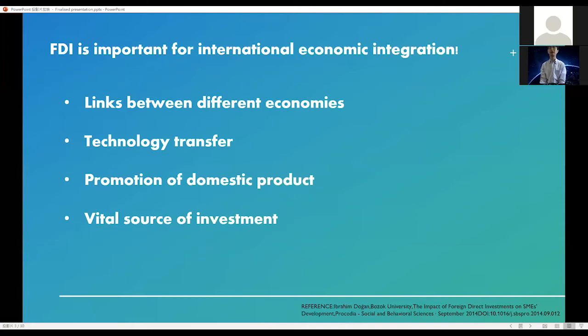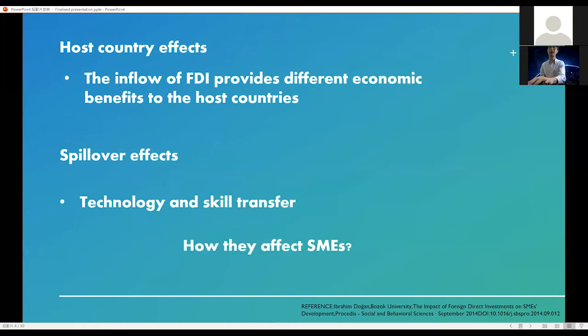But more importantly, FDI serves as a very vital source of investment. It generates capital and resources for the country receiving it. So it helps economic development there, and that's why it's very important to international economic integration.